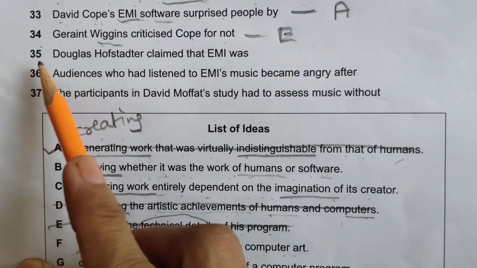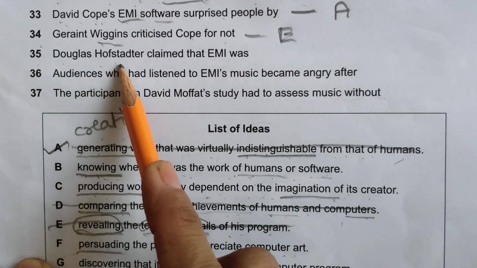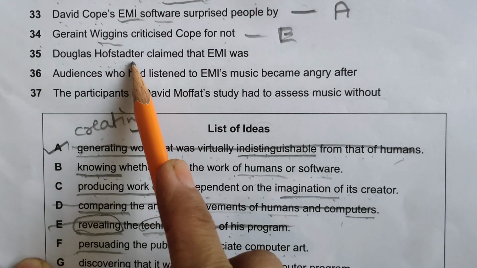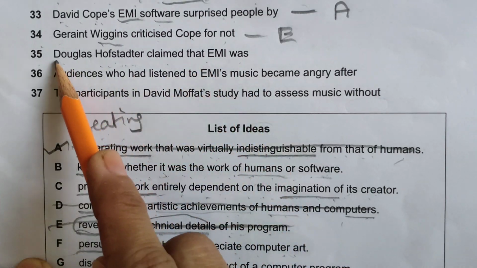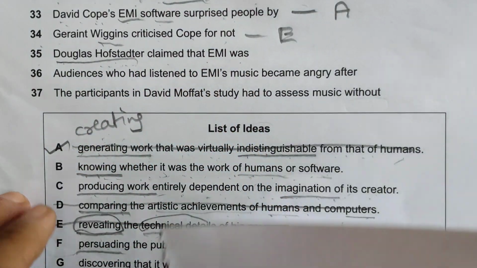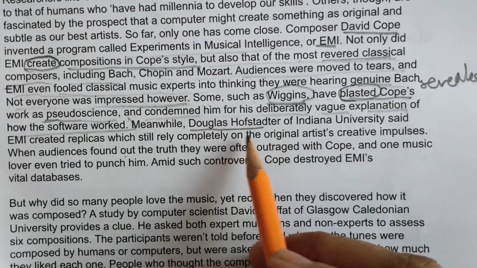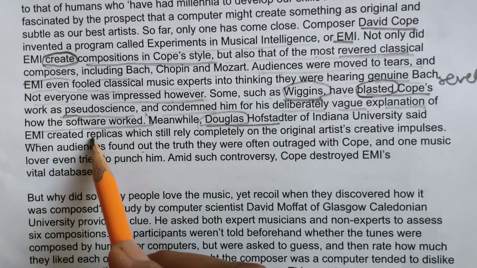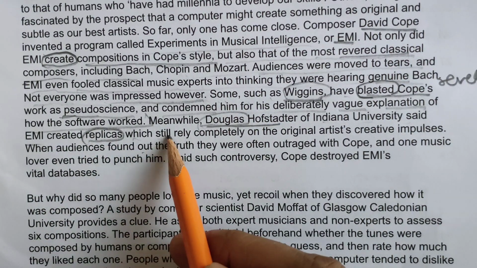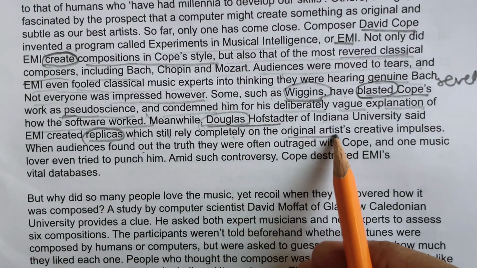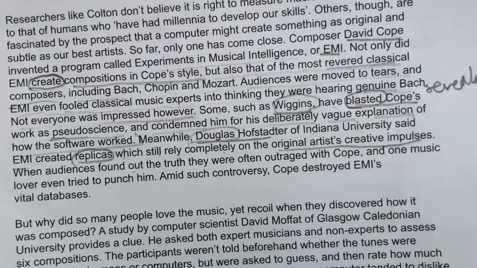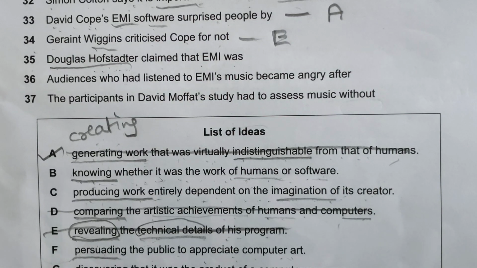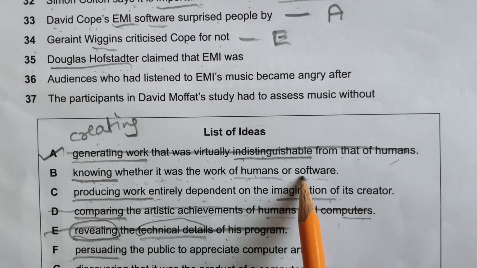Let's move on to 35. Douglas Hofstadter claimed that EMI was... Okay, now it's the turn of Douglas, of Indiana University, who said EMI created replicas which still rely completely on the original artist's creative impulses. Knowing whether it was the work of humans or software?